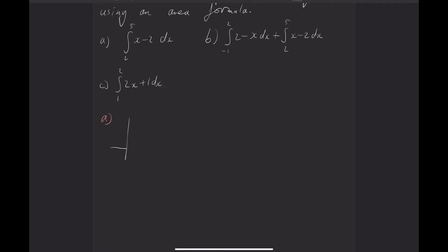So we have our axes, we've got x minus 2. So that means we start at 2, and the graph goes forever in both directions. We want the area from 2 to 5. Okay.